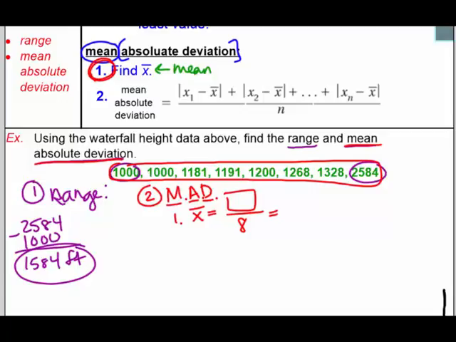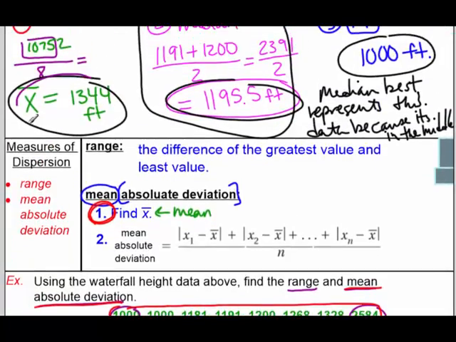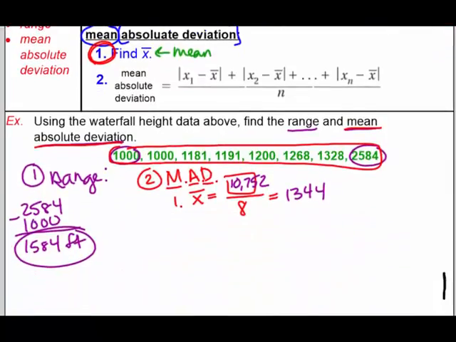Divide by 8, unpause, and see if you got the same value as I did. Okay, so hopefully you got a total, when you added all 8 waterfalls up, of 10,752 divided by 8 because there are 8 numbers in that data set. You should have gotten a mean of 1,344. And come to think of it, we already calculated that up here. Huh. Well, anyways, you just got more practice if you actually didn't realize that like I didn't.